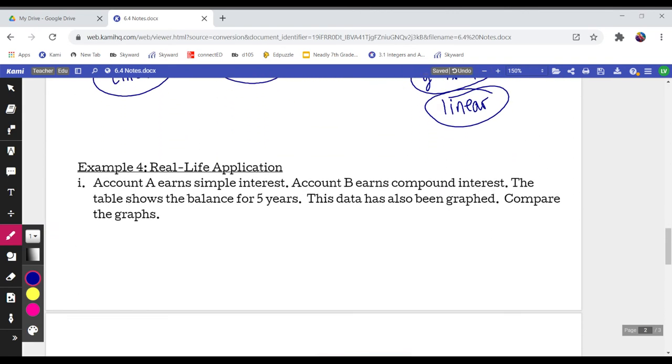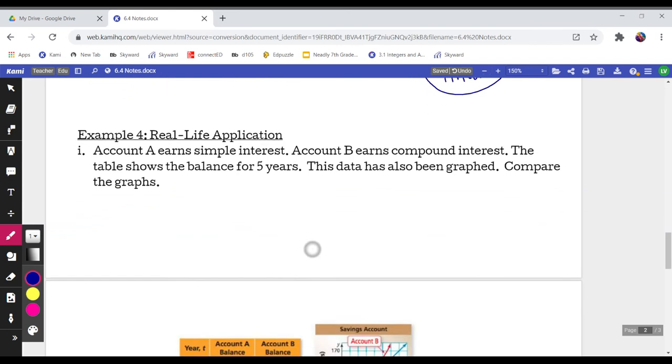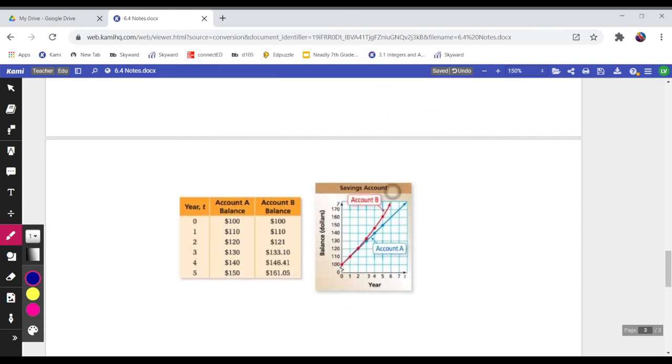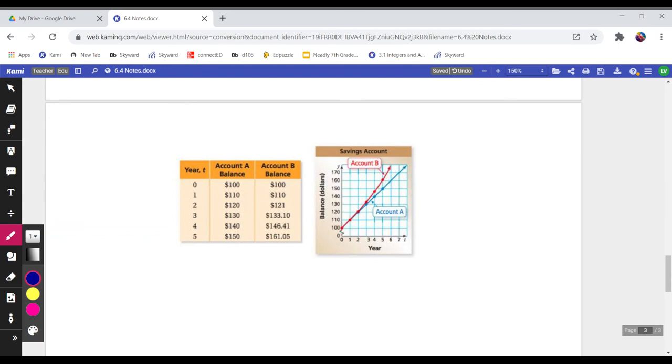So, a real-life application. Account A earns simple interest. Account B earns compounded interest. The table shows the balance for 5 years. This data has also been graphed. Compare the graphs. So scrolling down, years are 0 through 5. Account A starts from 100 and ends at 150.